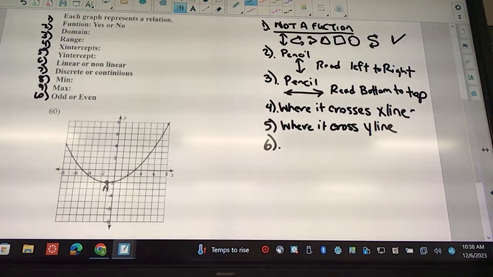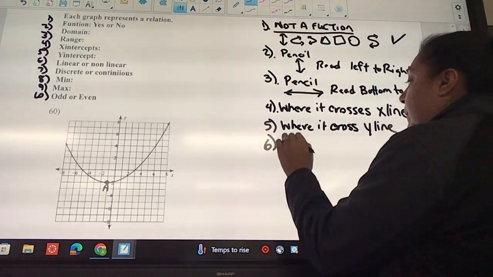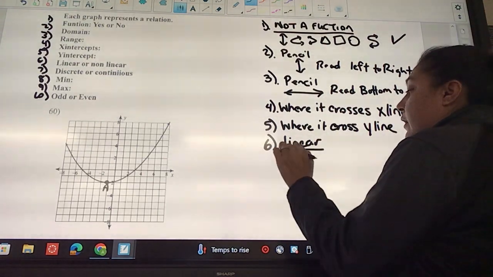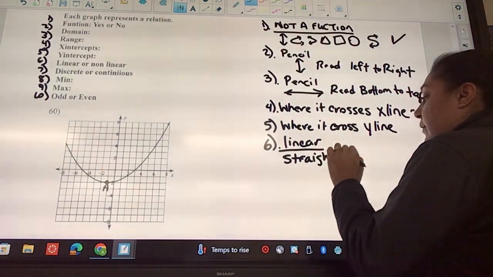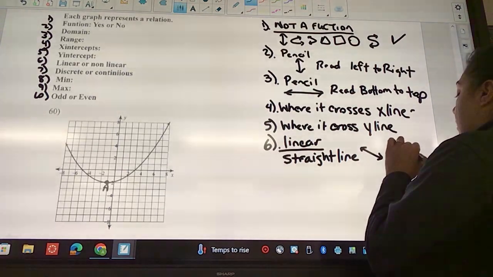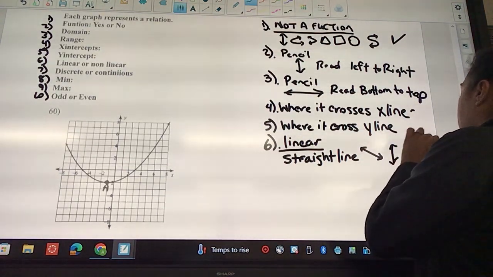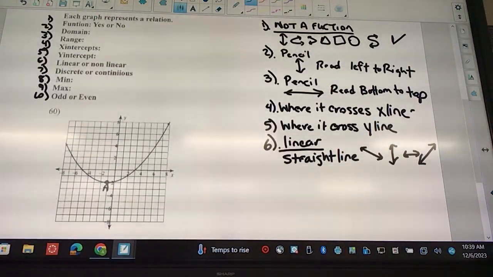Linear is easiest to tell: it is a straight line, and it looks like either this, this, this, or maybe this. Those are all examples of linear. So anything else, obviously, is non-linear.